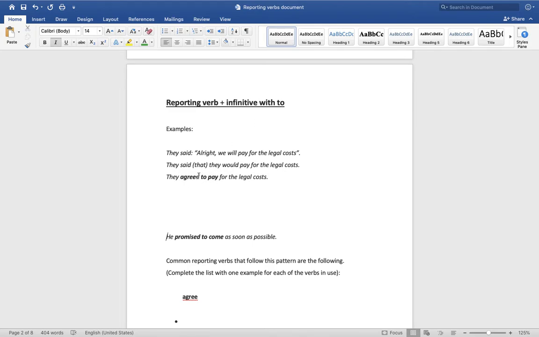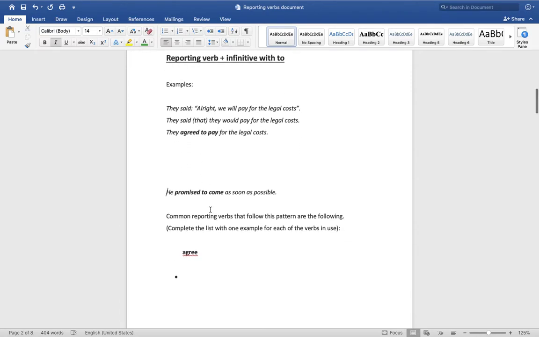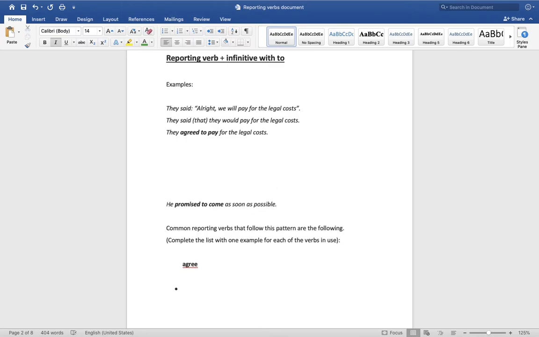Agreed will be the reporting verb. To pay, infinitive with the to just in front of the verb, right? So here it's the same. Reporting verb, promised, and then come, infinitive with the to in front of the verb, right? So same process so that you understand what is going on here.